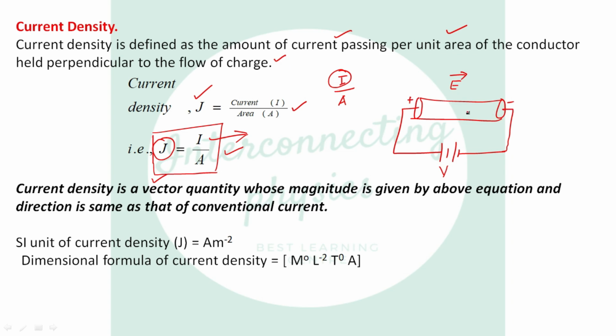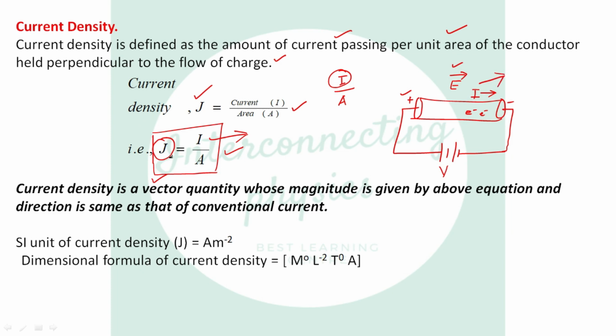Now free electrons inside the conductor start moving from the negative end to the positive end, and the direction of current is opposite to the motion of electrons. That is, the direction of current is always in the direction of the electric field, from the positive end to the negative end. This is known as conventional current.